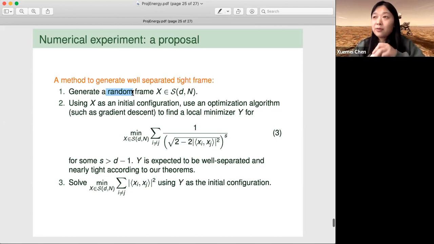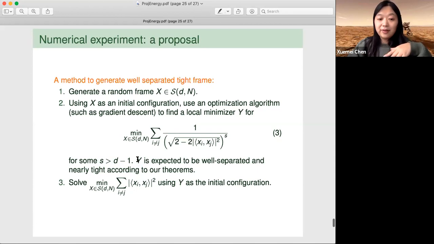So anyway, we start with a random frame, use that as the initial configuration, and then you do your minimization for big-ish values of S. Then this minimizer, which we call Y, is most likely well separated and nearly tight.